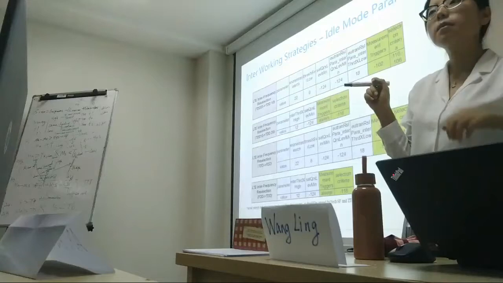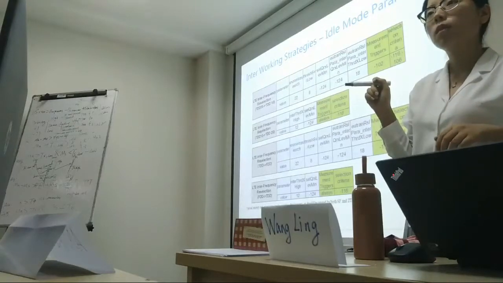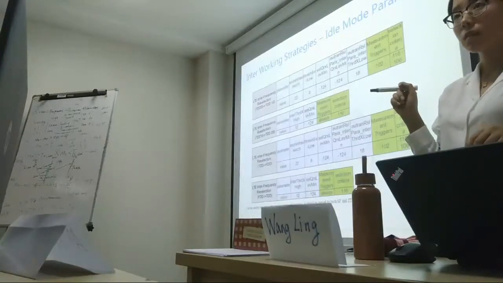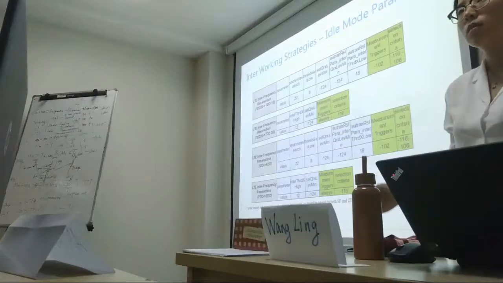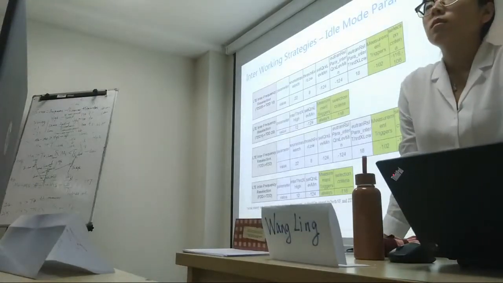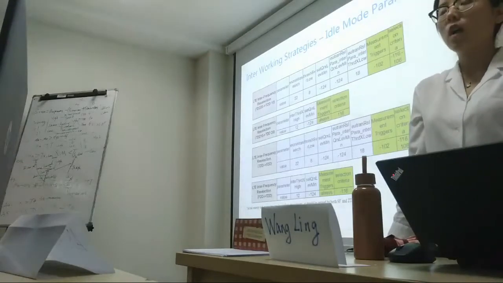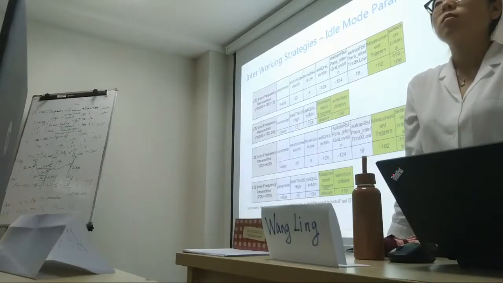Because the UE, according to priority, usually the load will be higher for the TDD 20, yes, than others, right? Am I correct?